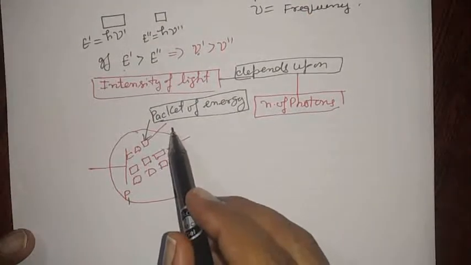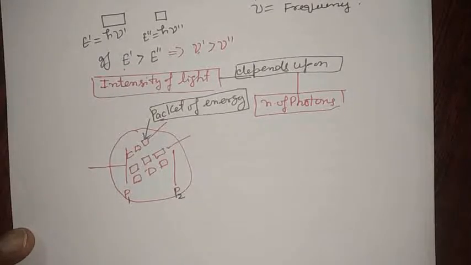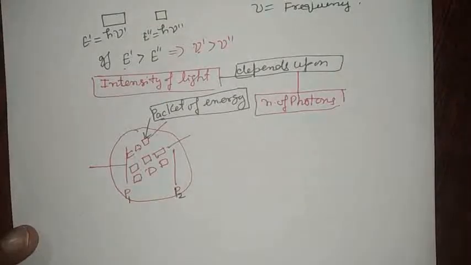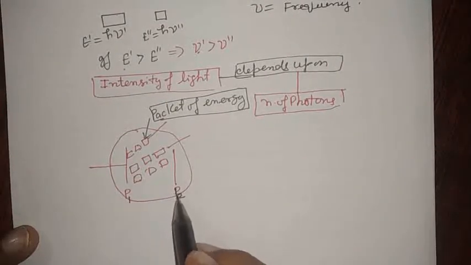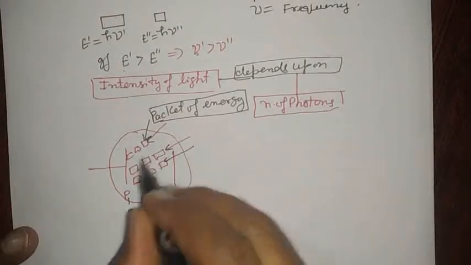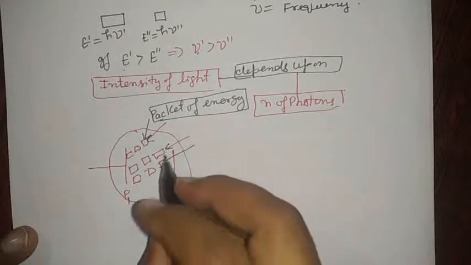The discharge tube is represented by a circular discharge tube here, the plates P1 and P2, and light energy falls on the plate in the form of packets of energy.